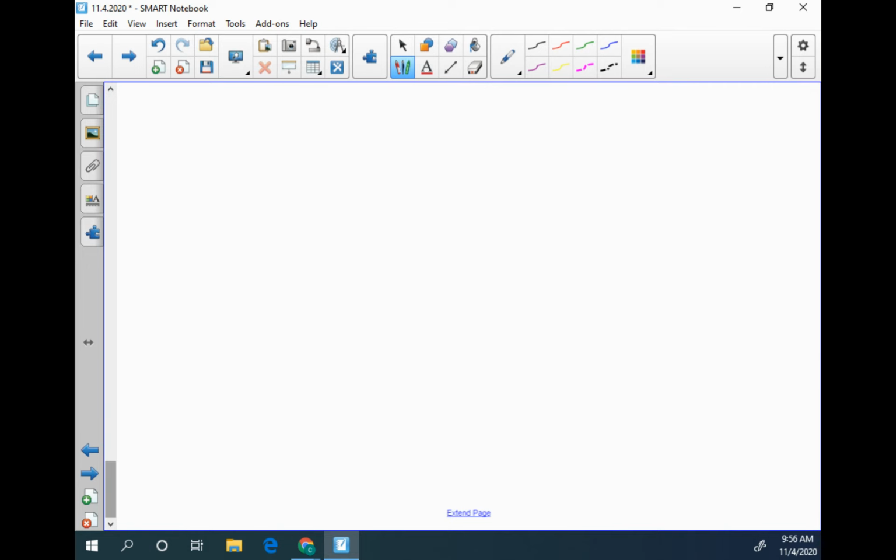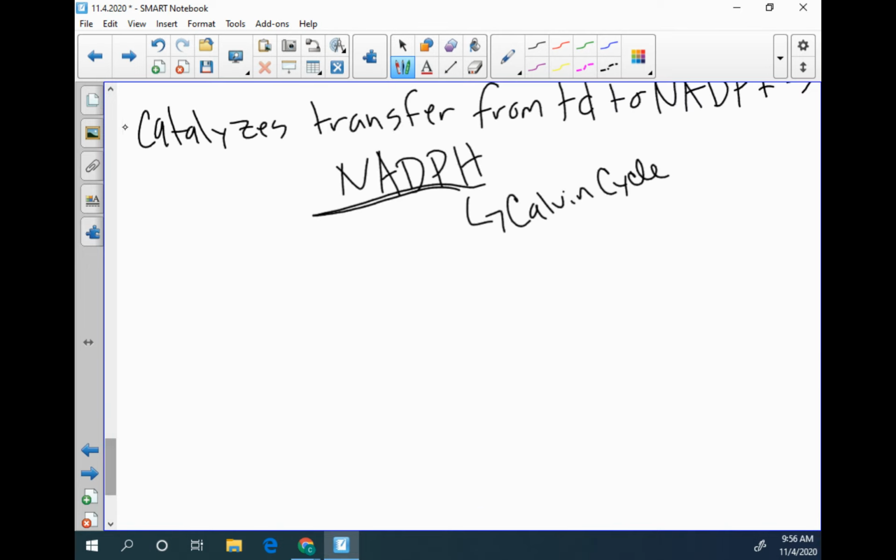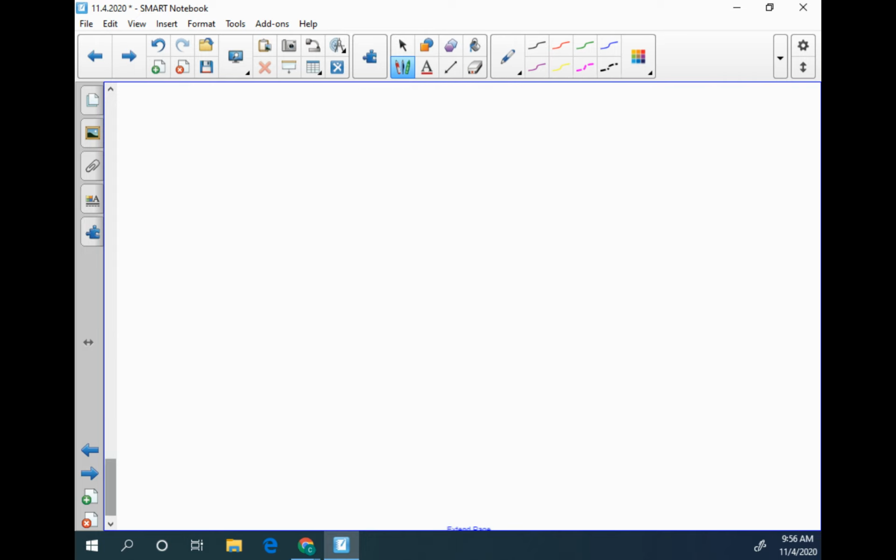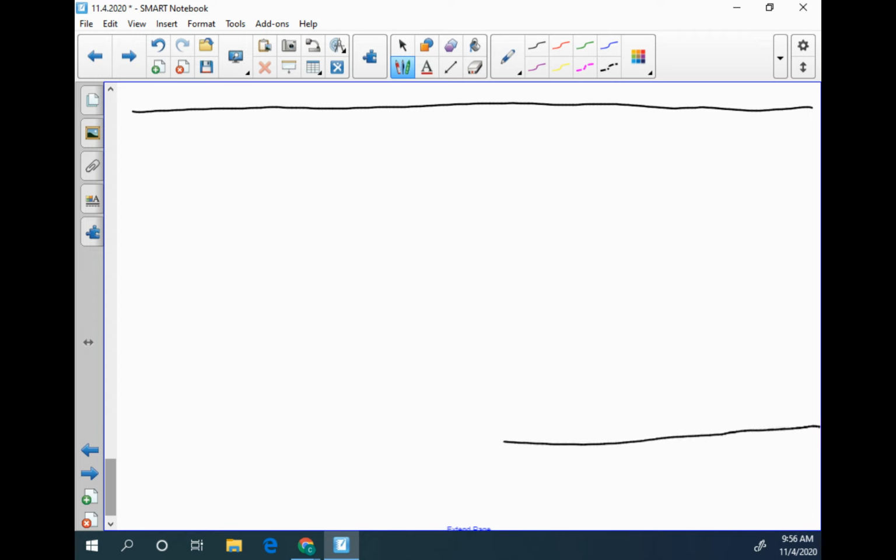Let's say that this is the thylakoid membrane. Which means this is the stroma, and this is the thylakoid space.